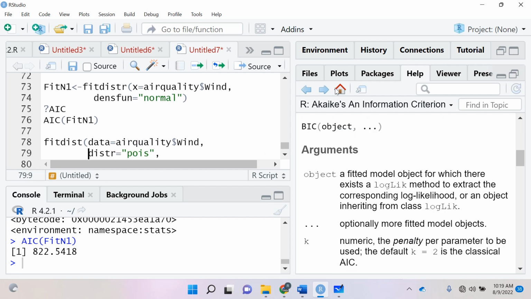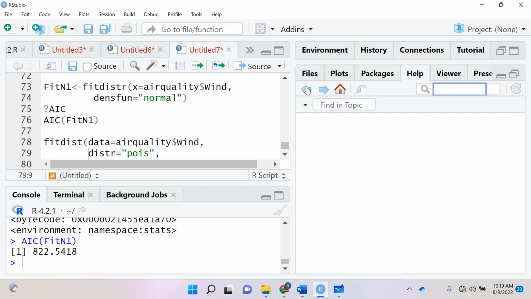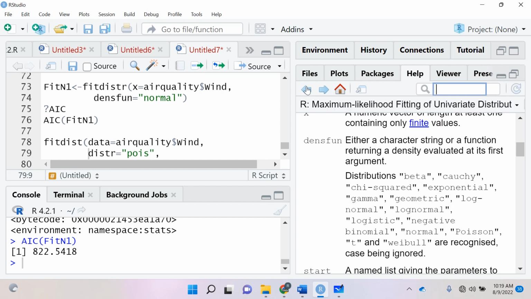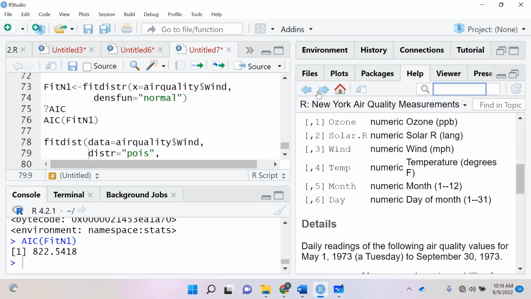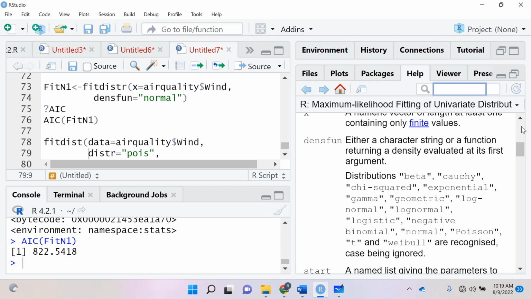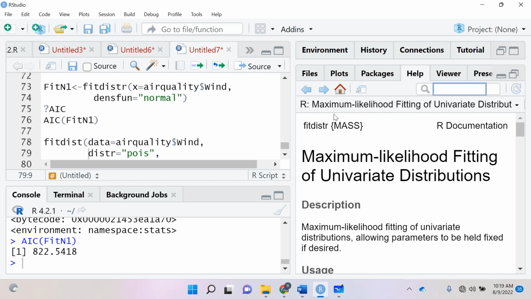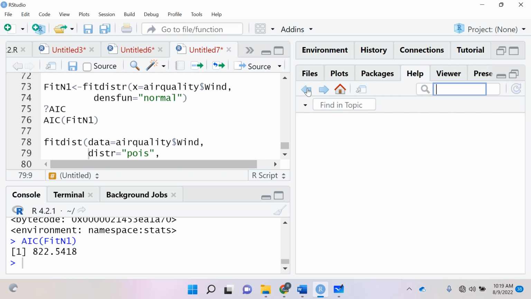I have to go and check whether that also recognizes normal distribution.